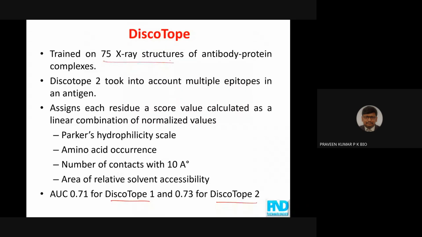When they tried with the 75 different proteins, the area under the curve was maximum for DiscoTope 2. The greater the area under the curve, the more precise. So the epitopes predicted are more precise with the DiscoTope 2 algorithm, which was recently developed compared to DiscoTope 1. Even for the linear epitope prediction we have done, BepiPred default is 1.0, and BepiPred 2 is a recent advanced algorithm.